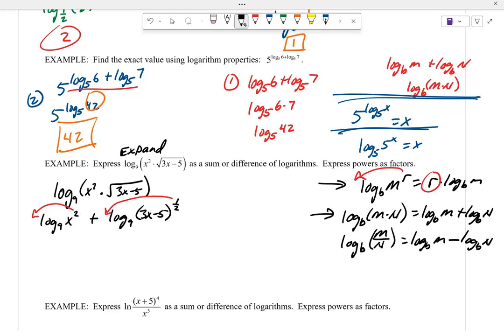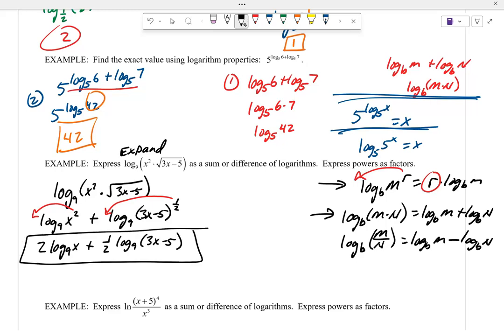And because we're going to express this with no exponents, as factors, we're all done. There it is.